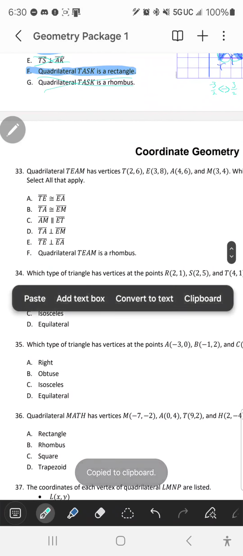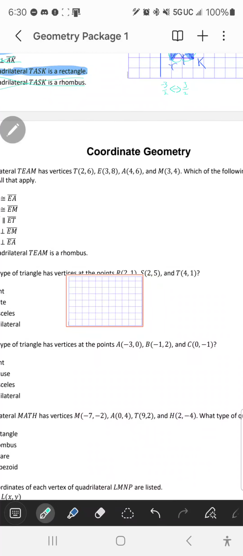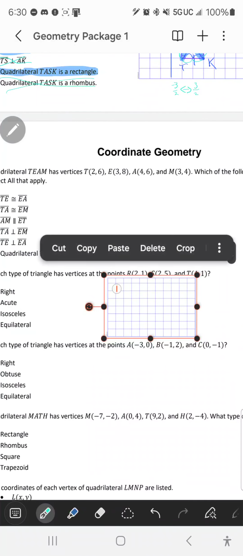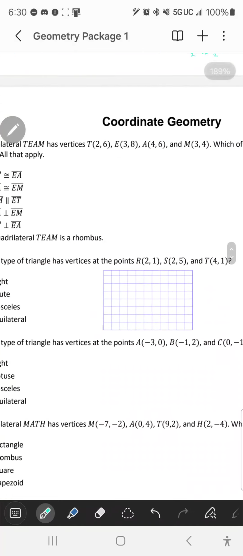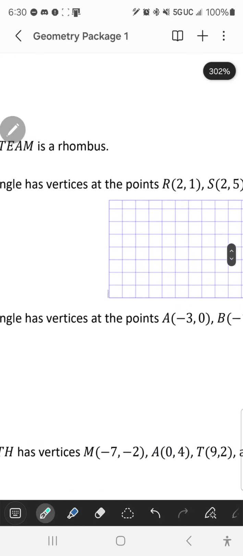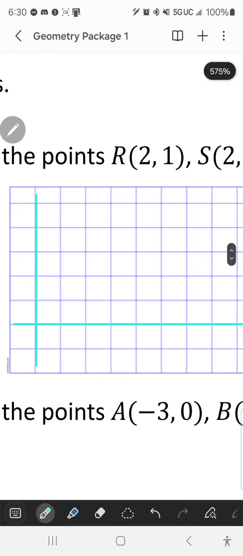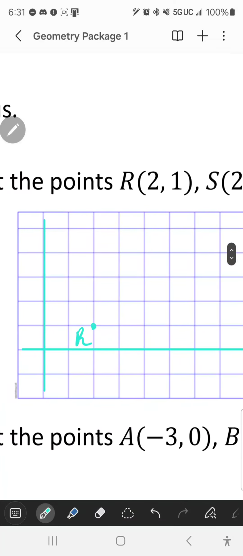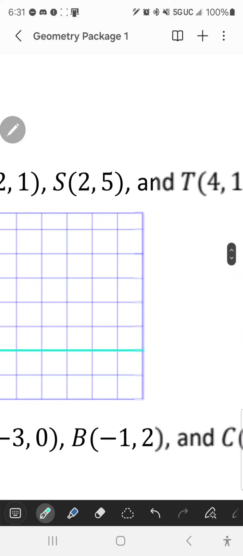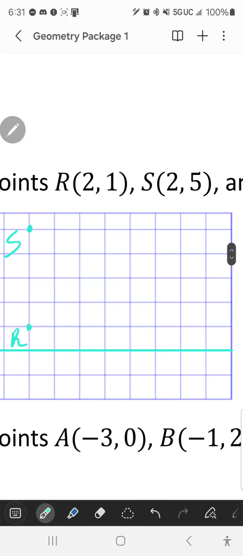Now which type of triangle has these vertices? Then we need to graph it. And let's see. The point will be R, 2, 1. So this is R. S is 2, 5. 1, 2, 3, 4, 5. This is S. And T is 4, 1. 1, 2, 3, 4.